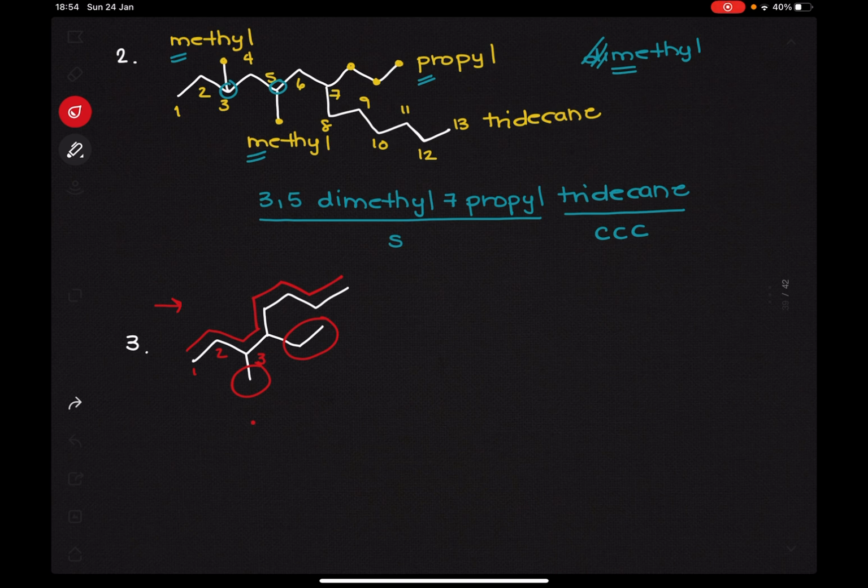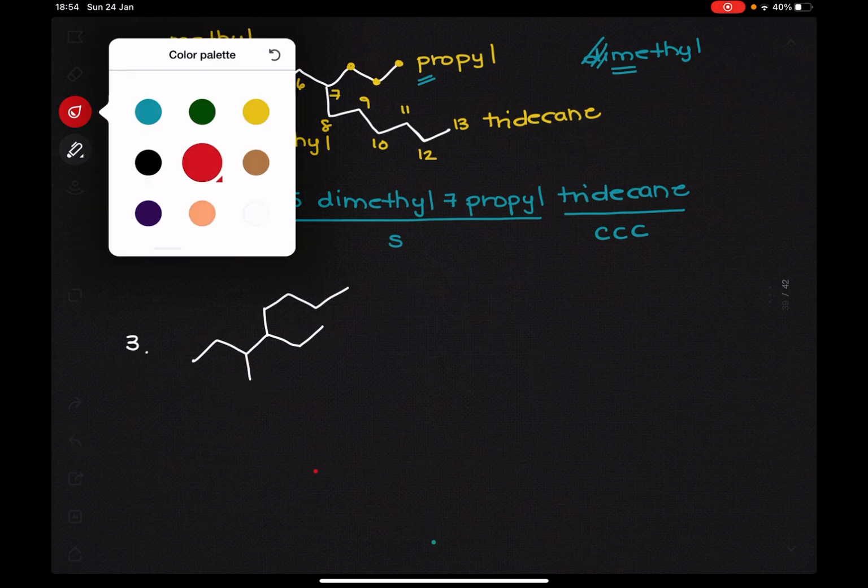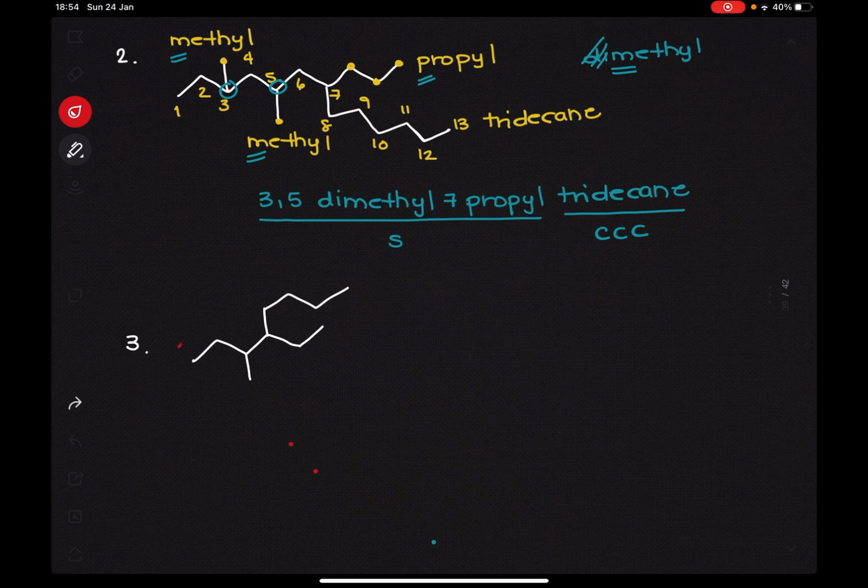So let's see if that is the way to go. I'm still going to use the red one, 1, 2, 3, 4, 5, 6, 7, 8. So this is an octane. We have 1, 2. This is an ethyl. And we have 1. This is a methyl.